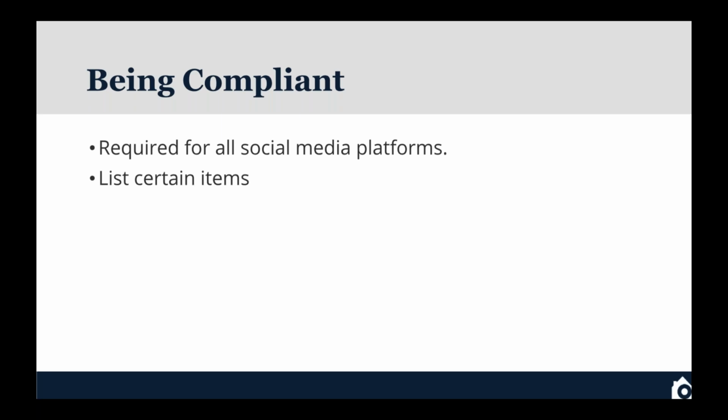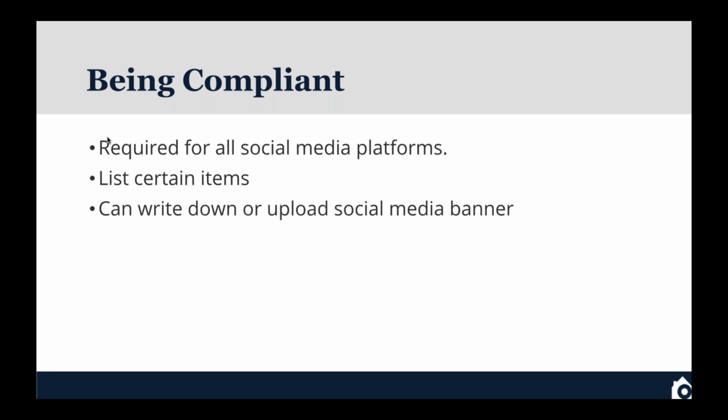The NMLS access URL, so I think that's nmlsaccess.org. Definitely the open mortgage logo should be listed somewhere on your social media page. And if you are a DBA, your DBA logo is acceptable in place of the open mortgage logo. So those are the items that are more than likely required for your social media.